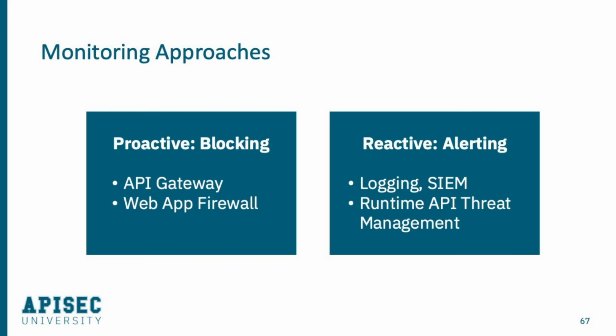So you want to get alerted, you want to be notified, you want to be able to retrace steps, because the last thing you want to do is block legitimate traffic. And there may be instances where there's simply not enough context to be able to make a yes/no decision on it. So you want to have that alerting, that monitoring ability to go back and understand the traffic and maybe refine the rules for your more inline proactive technologies.